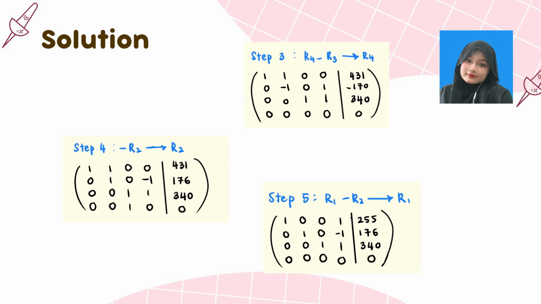X equals 255 minus W, Y equals 176 plus W, and Z equals 340 minus W. This general solution means that the traffic flow can be adjusted along different road segments depending on real-world conditions, as long as the values of X, Y, and Z remain non-negative.